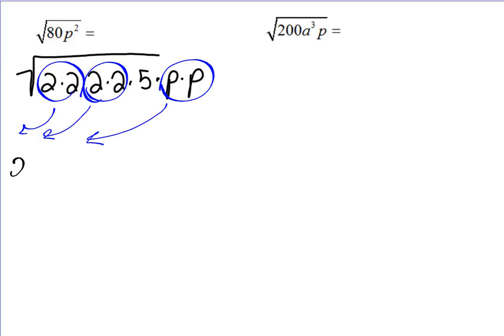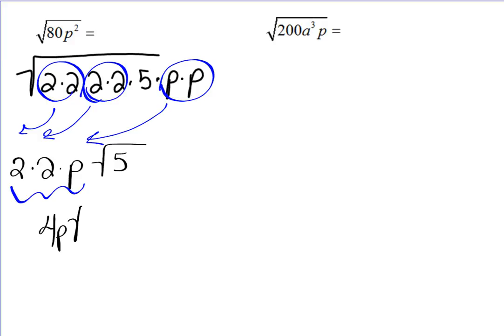So this is 2 times 2 times p times the square root of 5. Okay, and when I take care of this piece, I get 4p times the square root of 5. Oh, okay. I'm just following the same rules. The same rules that we did for the square root of 16, I'm doing for the square root of 80p squared.